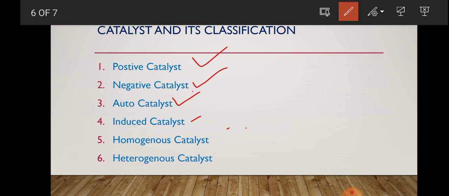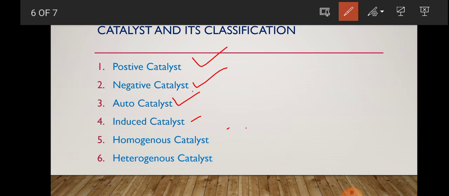Now, induced catalyst: when one chemical reaction induces another chemical reaction to occur, this process is called induced catalysis, and the substance that causes it to happen is called an induced catalyst.